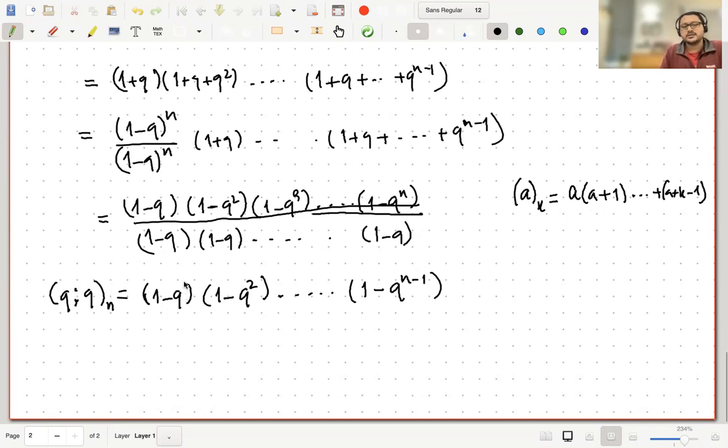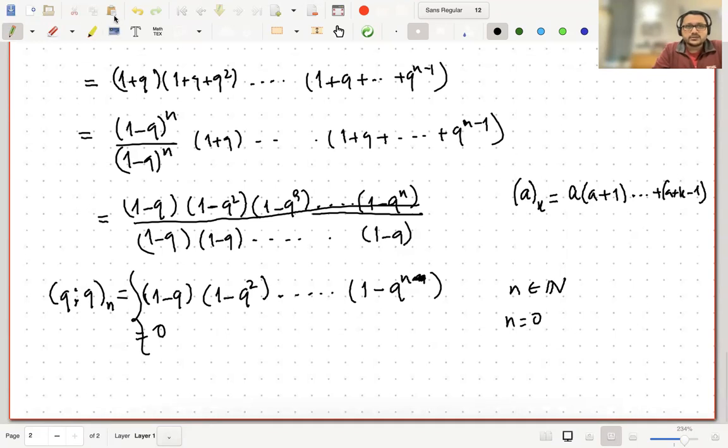So I had 1 minus q to the 0, 1 minus q to the 1, 1 minus q to the 2, and so on up to 1 minus q to the n minus 1. Okay. So this is n. Sorry, I need this to be 1 minus q to the n so that it matches up with whatever is above. So for any integer n, I have this, and if n is equal to 0, then this is actually just 1. Okay, so this will be my definition.